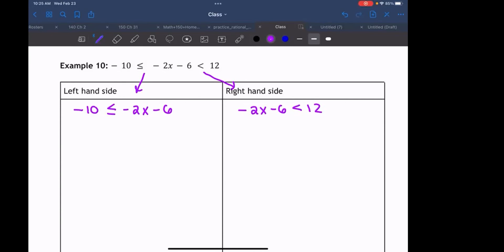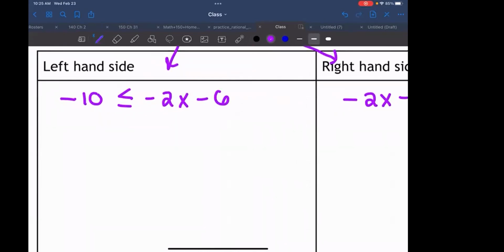Let's simplify the left-hand side. What's my first step in solving this inequality? Good, add 6 on both sides. So on the left, we get -4. On the right, we get -2x.